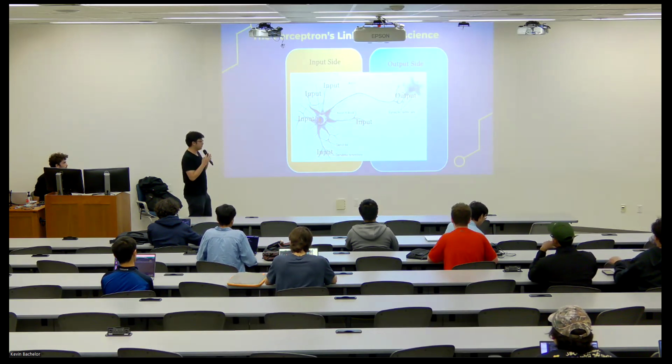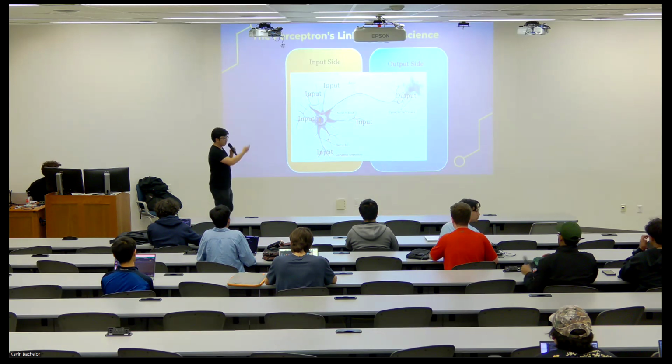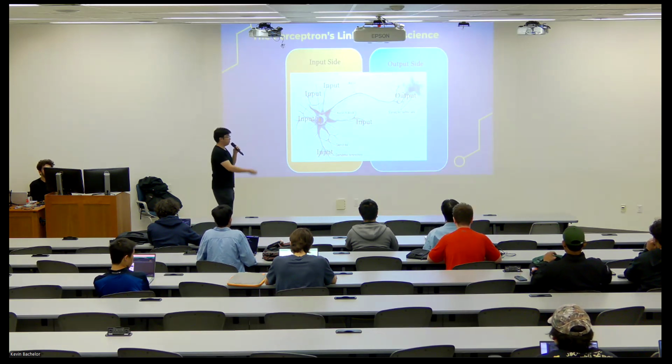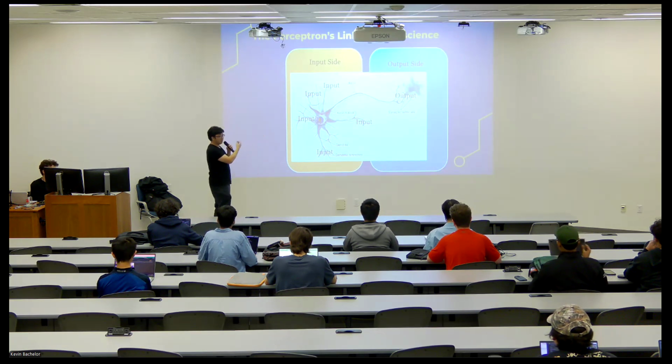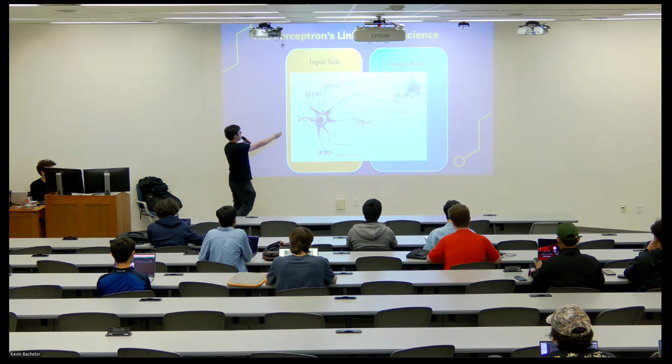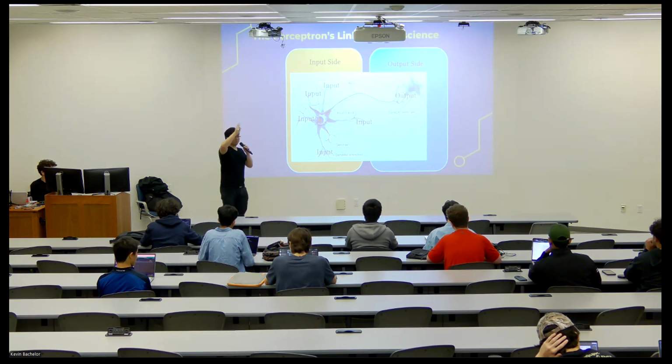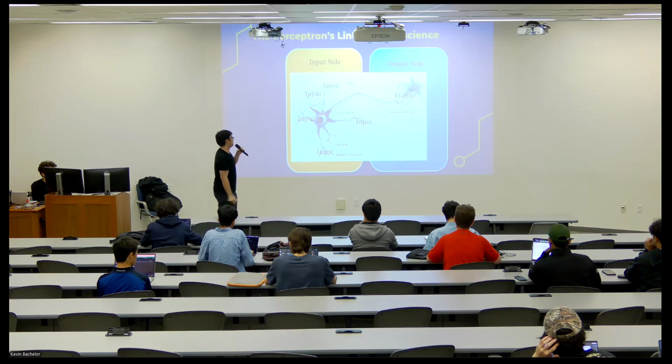In a neuron, there are two sides almost. On one side, the neuron gets inputs, and these can be multiple inputs, right? Here there are what we call dendrites, but you can just think of them as input places.